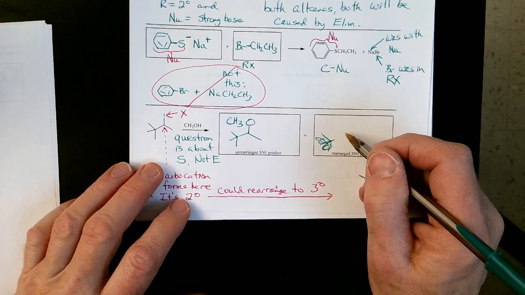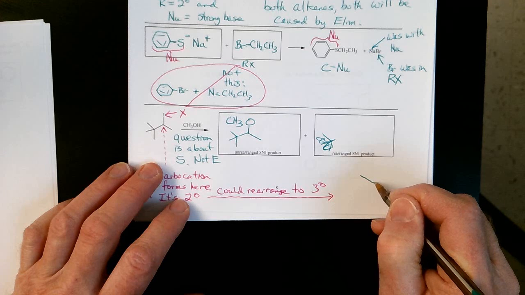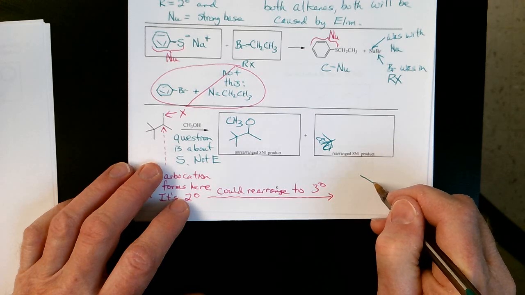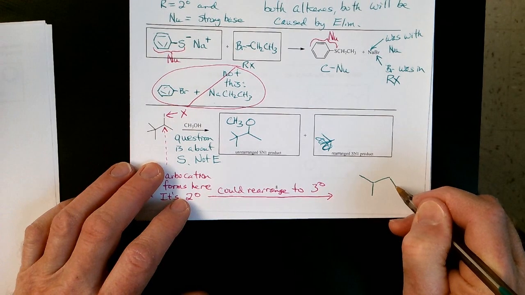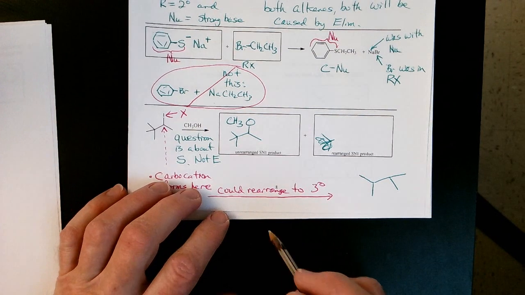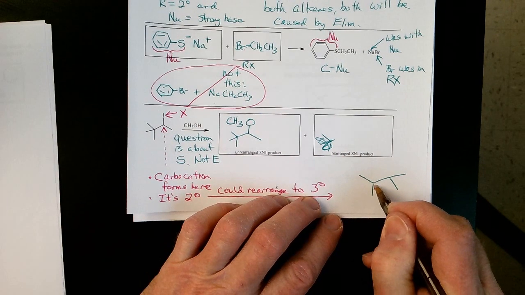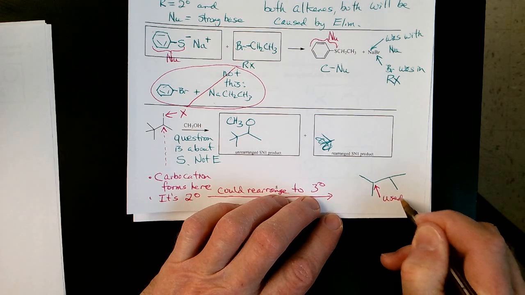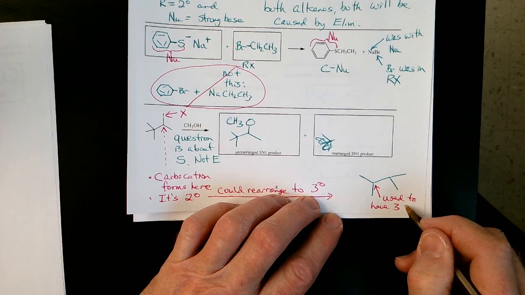And so you can have a hydrogen move, you can have a carbon move. And I want to see if I can keep this oriented as much as possible the way it was. Okay, there's the framework. And here's what you got to look at. Right here, this one used to have 3 methyls.